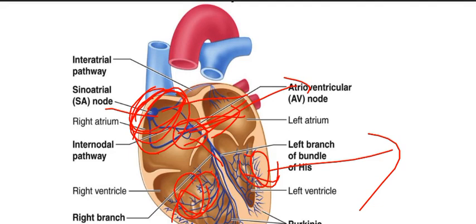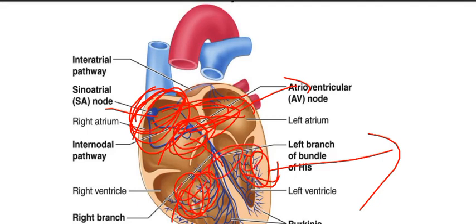We call them the pacemakers. When they generate this impulse, it spreads across the two atria, and the two atria contract. The contraction is detected by the atrioventricular node, which then passes the impulse through the bundle of His to the Purkinje tissues, and finally to the ventricles, where there is contraction.